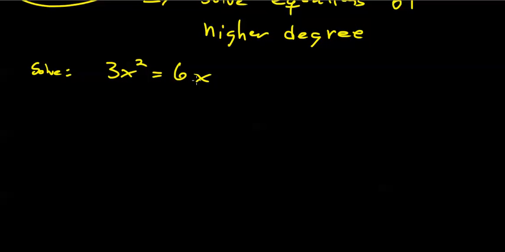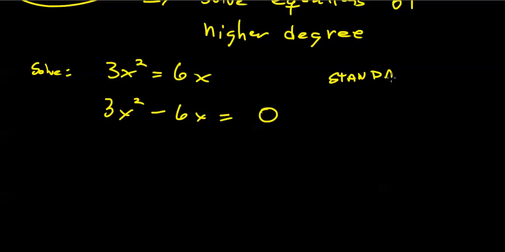Now this is not quite so nicely arranged as our previous example. 3x squared equals 6x. Well, pretty much in all these problems you'll want to arrange things in standard form. In other words, arrange your terms typically on the left-hand side in decreasing degree, going left to right. So let me write that down.